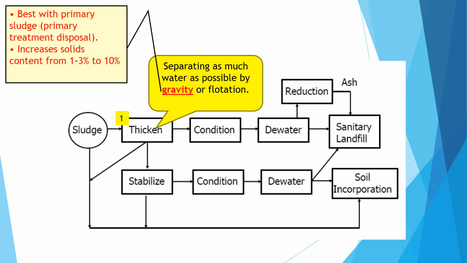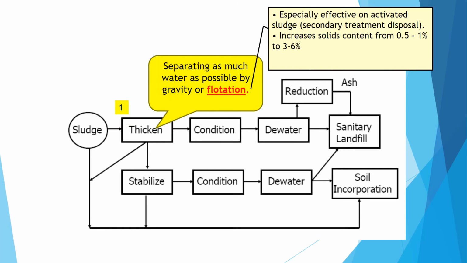Gravity is best with the primary sludge from the primary treatment, which increases the solid content from 1 to 3% up to 10%.